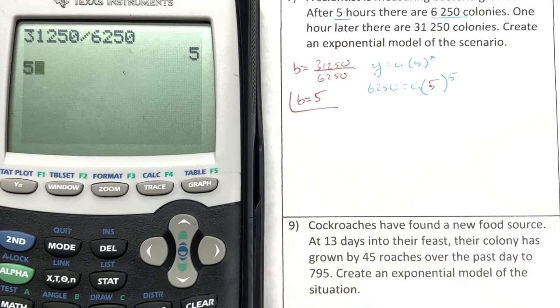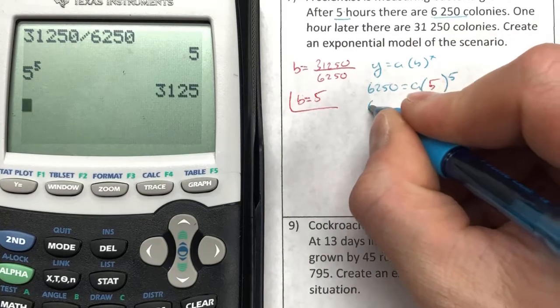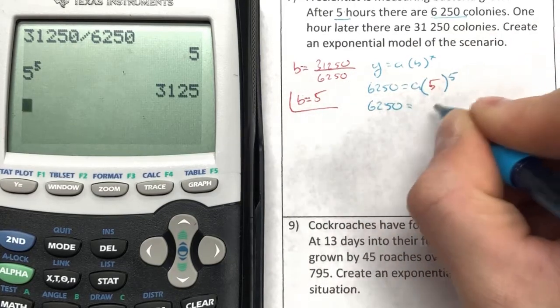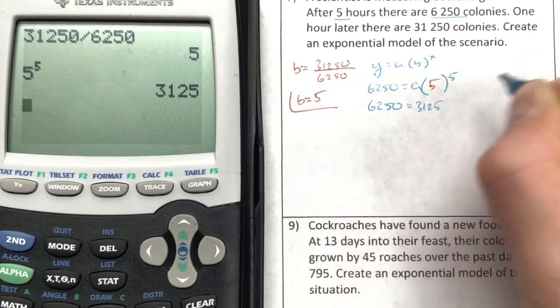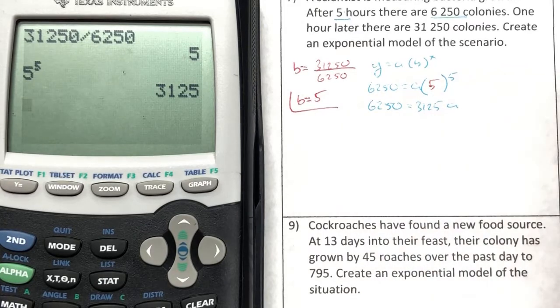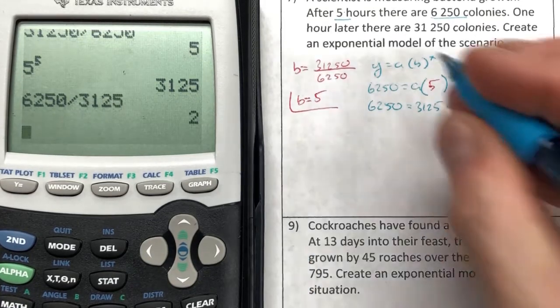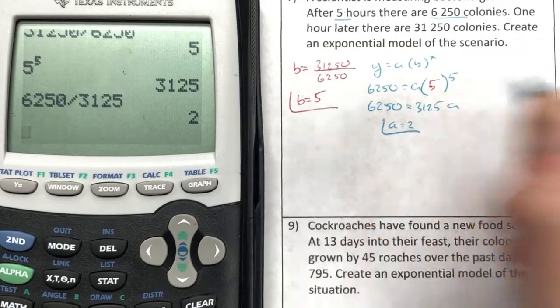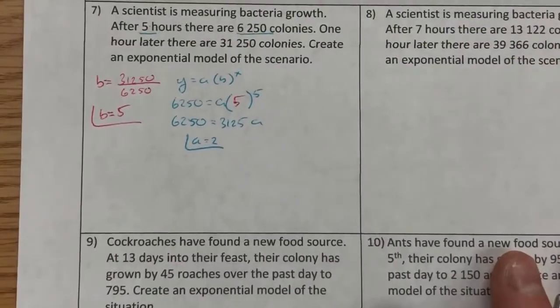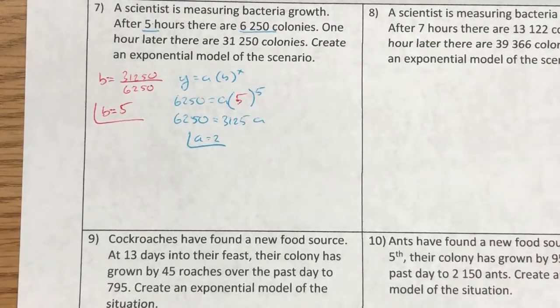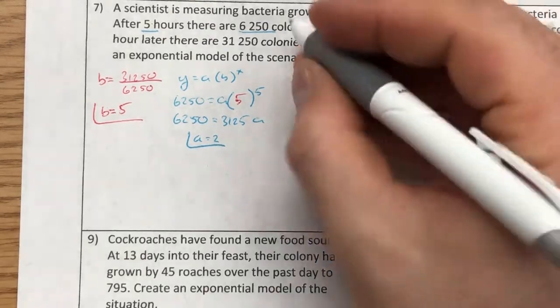So I have 5 raised to the 5th power is going to be 3,125. A. And then I'm going to say, okay, what is 6,250 divided by 3,125? So my A value is 2. That's all the information we need to plug it into our model.